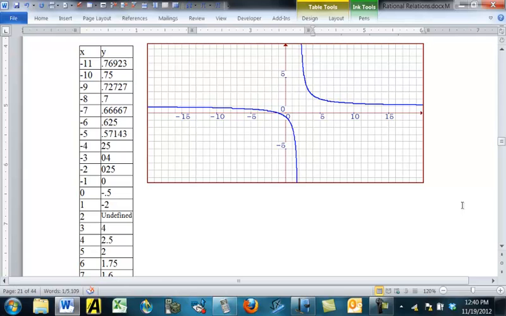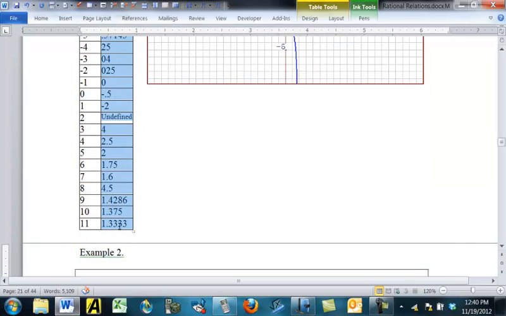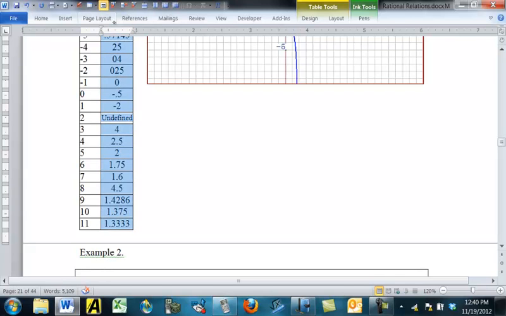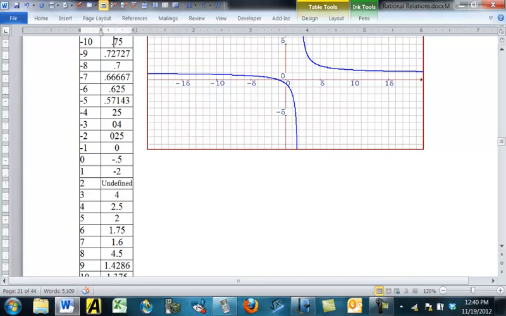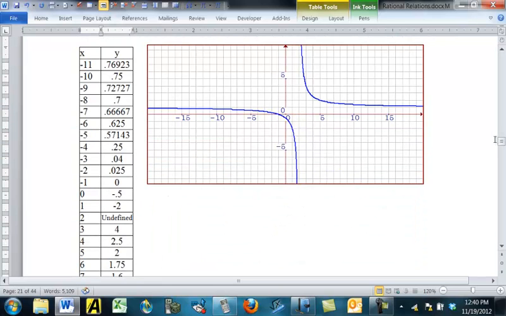And there's the graph right there. I think there are some decimal points missing here. I think that's what they're supposed to be. Okay, and there's what the graph looks like.